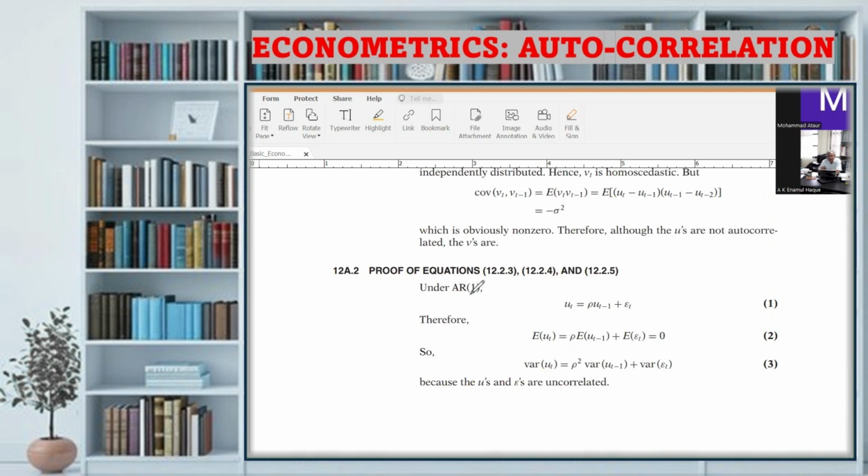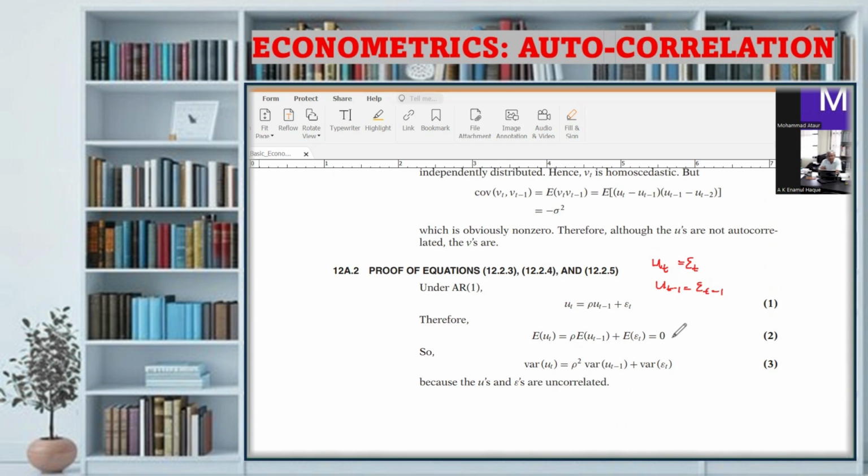So they're saying, under AR1, this is my model. Remember, their notation u t is my notation epsilon t, and u t minus 1 is epsilon t minus 1. Same thing, doesn't matter. If you run an expectation, this will be like this.